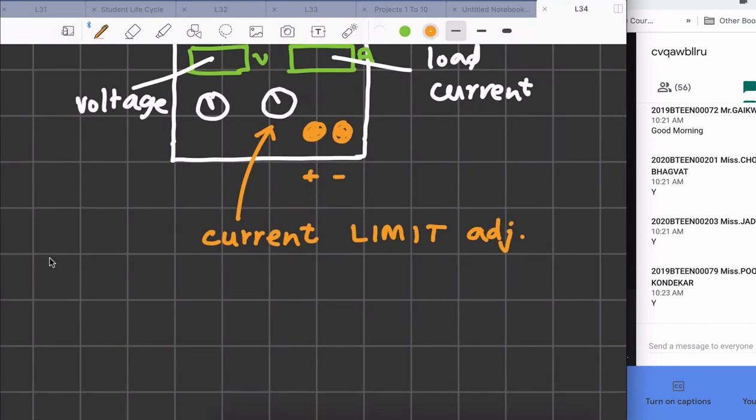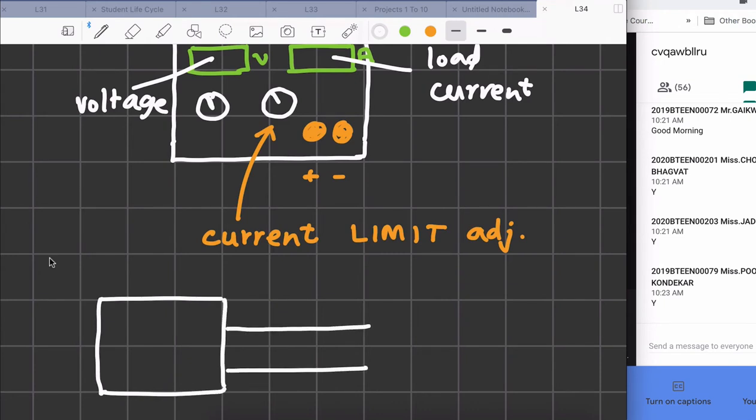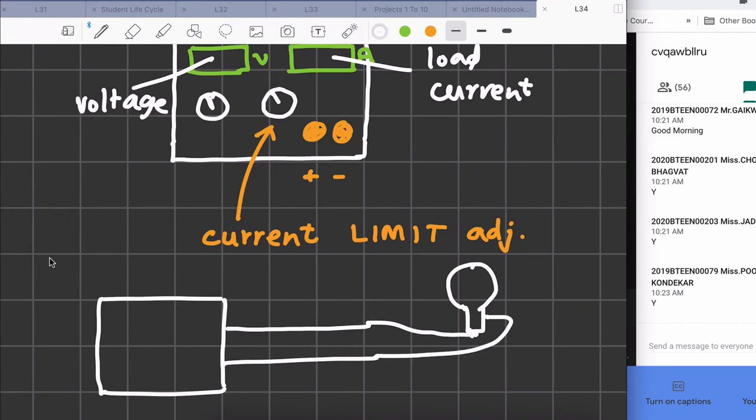For example, suppose you have a power supply. This is a box, the power supply, and to this box we are connecting some lamp. This lamp will draw some current, that is IL.